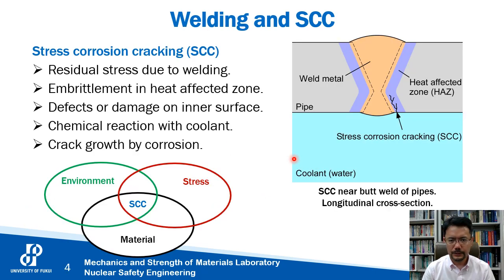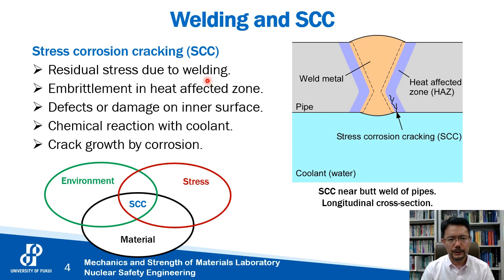This figure shows the longitudinal section of the welded pipe. The welded metal is poured here, and two pipes are joined. In the welding part, there is a high residual stress due to the welding.